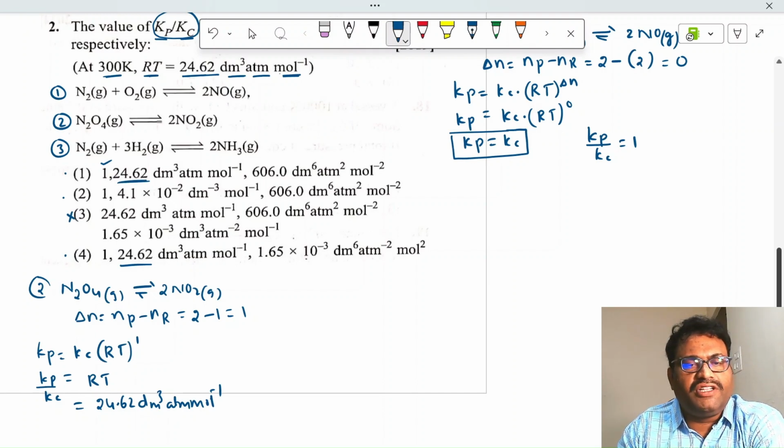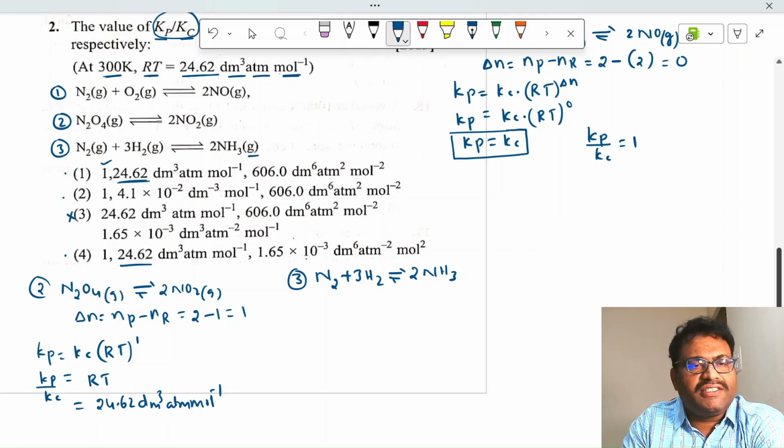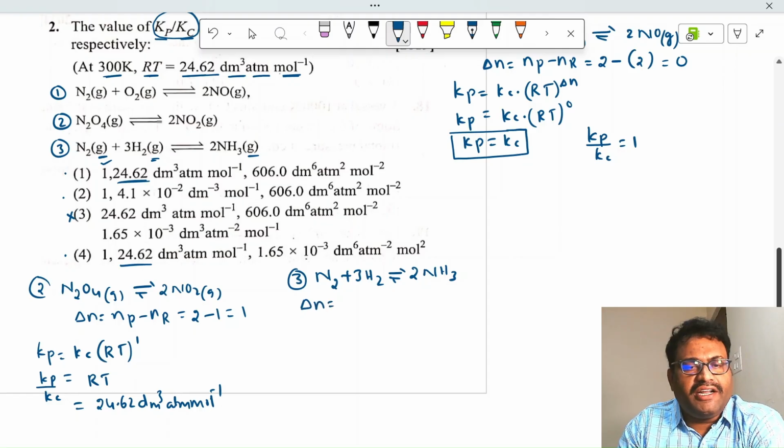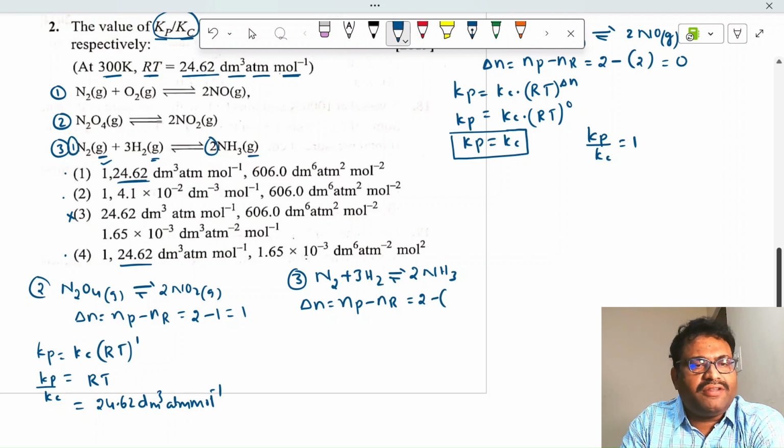Next, let us go with the third equation. For the third equation, what is given? N2 plus 3H2 gives rise to 2NH3 and all are gases. Then what will be delta N? Delta N is equal to Np minus Nr, that is equal to products 2 minus 1 plus 3.